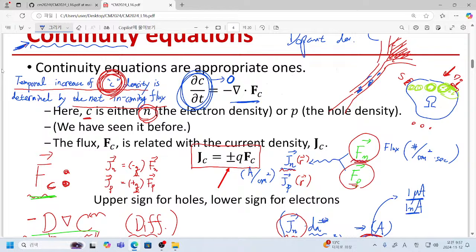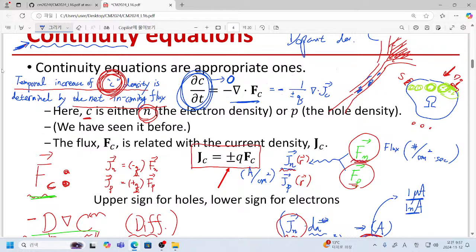Also, please note that since we have this kind of relation, it can also be written in this form, plus or minus q over J, that is the form of our continuity equation with current density.